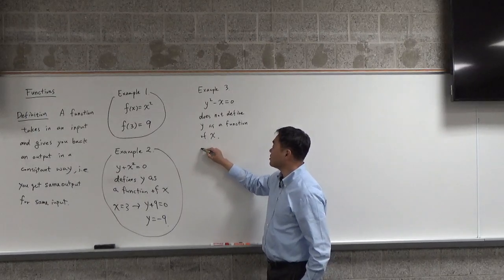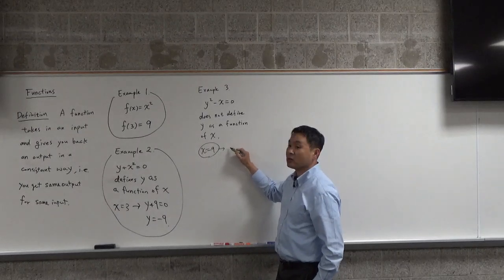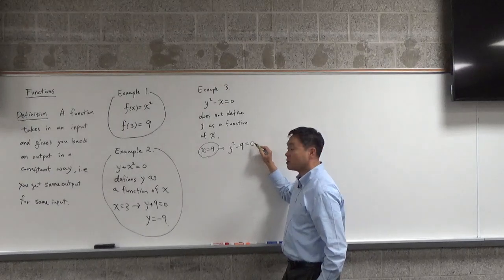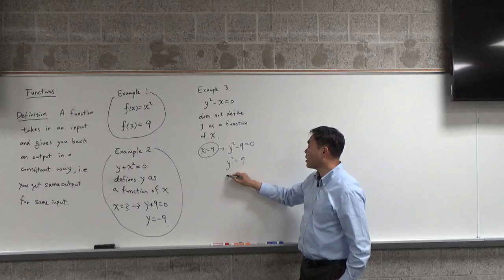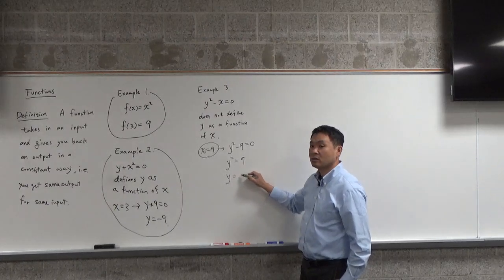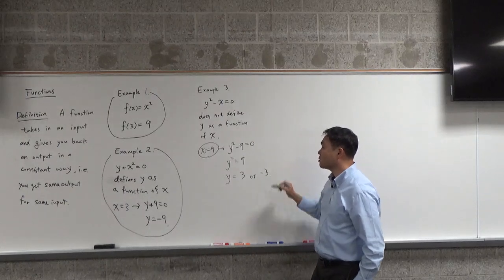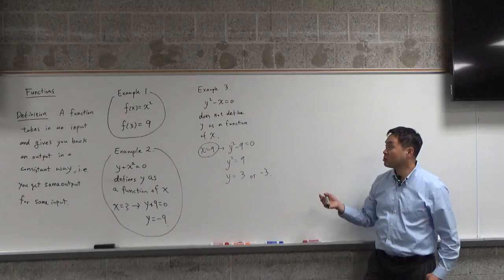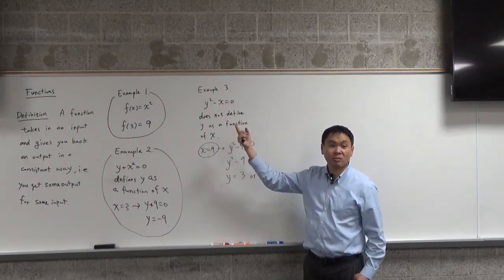What if x is 9? What do you get? You get y squared minus 9 equal to 0, right? And you get y squared equals 9, so y must be 3, or negative 3. So you could have y as 3 to satisfy this equation, or also negative 3 to satisfy this equation.